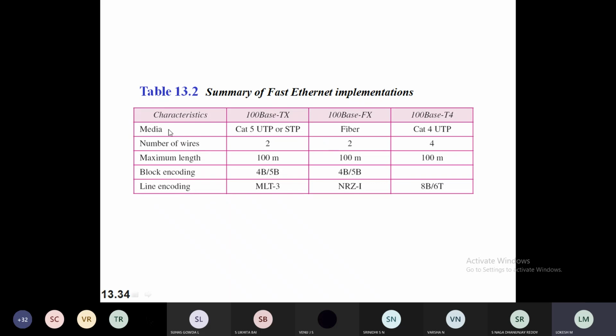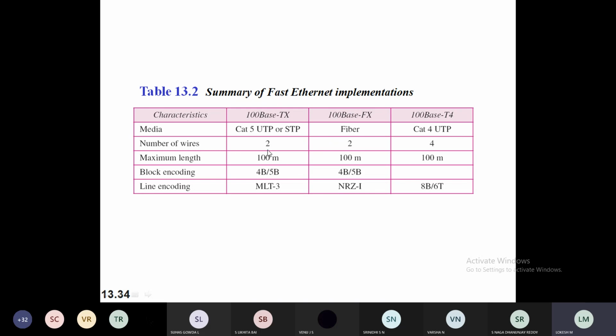Media means which type of cable or wires will be used, that is called medium. 100 base TX is using category 5 UTP, like unshielded twisted pairs, or STP, shielded twisted pairs. And 100 base FX means only fiber channels or fiber cables will be used, and 100 base T4 means category 4 UTP is used, unshielded twisted pair cables.